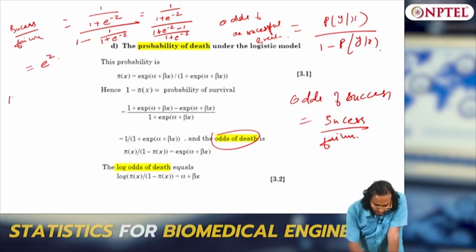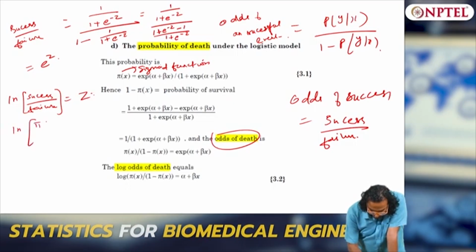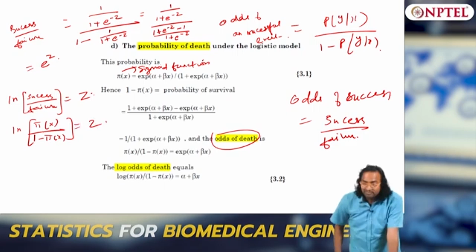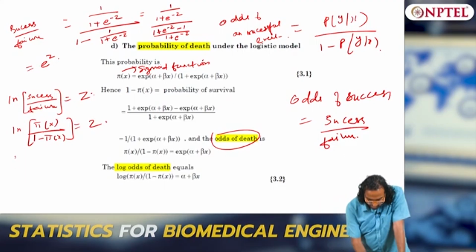If I take ln on both sides, this is my sigmoid function, which I have denoted as pi of x. So ln of pi of x divided by 1 minus pi of x equals z, right.